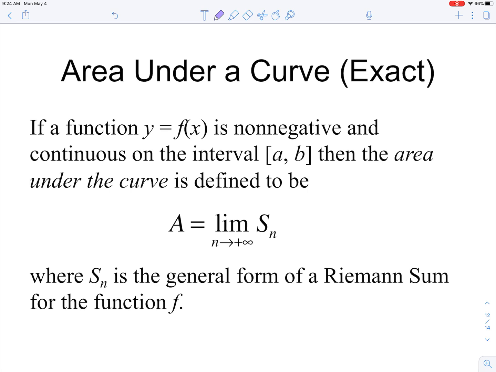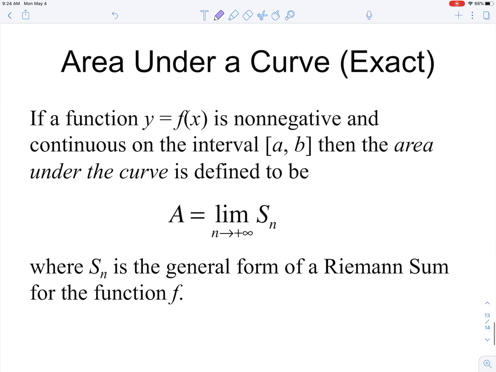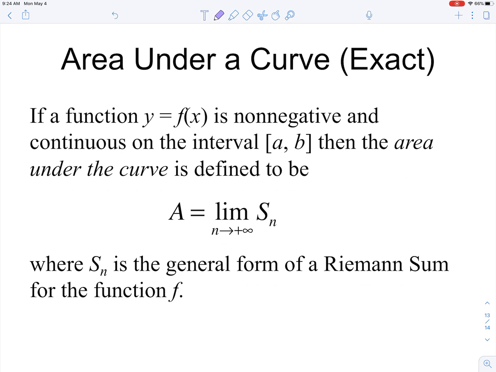So note, the easiest way to get a better approximation of the area is to make more rectangles or increase the number of subintervals. And we discussed that already. So the actual area under the curve, and whenever we say increase n, this should sound kind of like a limit.